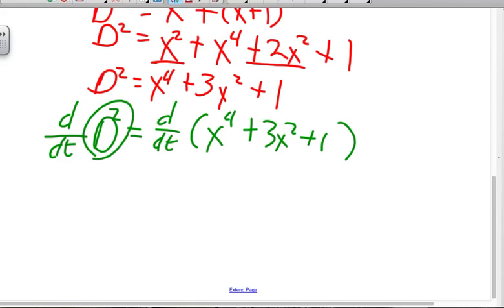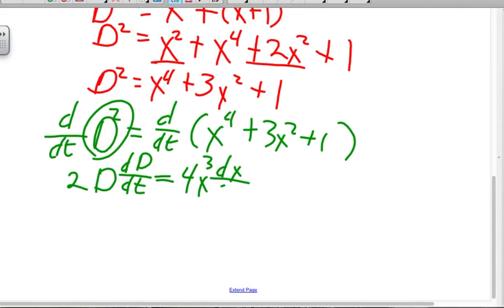That gives me 2D times dD dt. Think of this as chain rule or implicit. And now I come back in and I'm going to do this. That gives me 4x cubed dx dt plus 6x dx dt. And that one goes to 0.